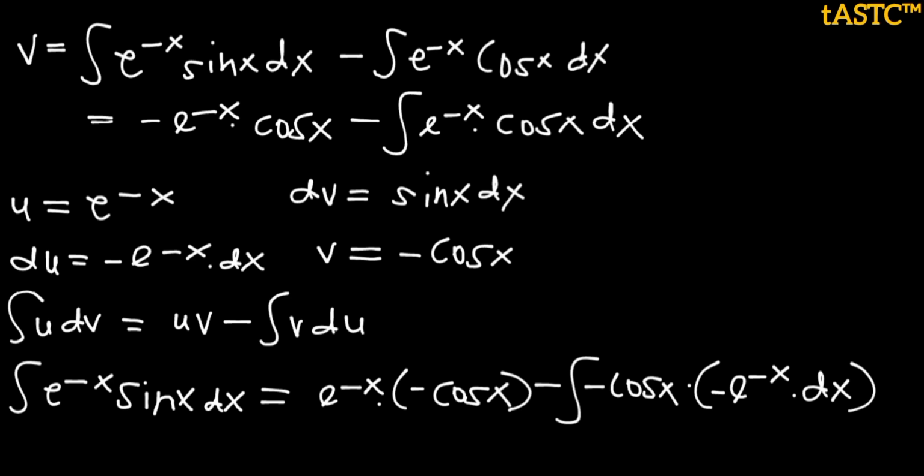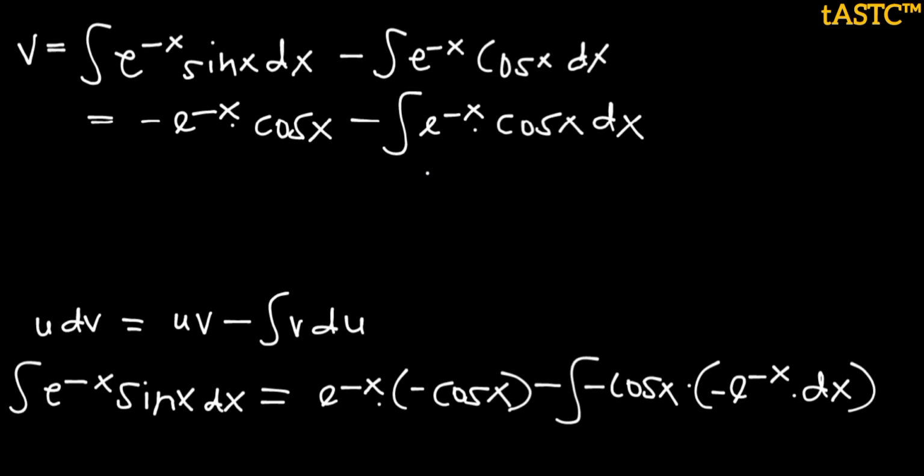Now we know that A is equal to this stuff, right? We said A is equal to this, and then we said B is equal to this, right? So in this case, the value of the integral A is equal to negative e to the negative x multiplied by cos x minus this stuff, and we already said this should be B, right? So I'm going to write it that way.